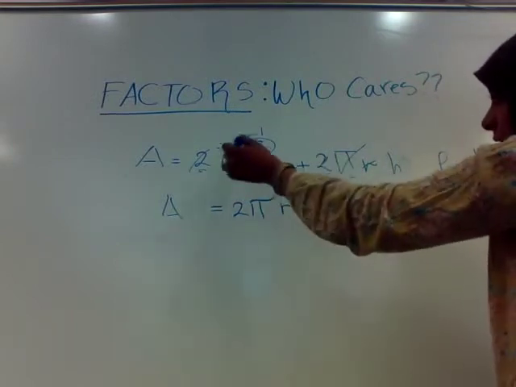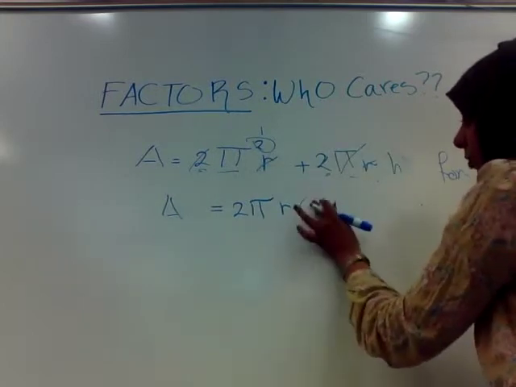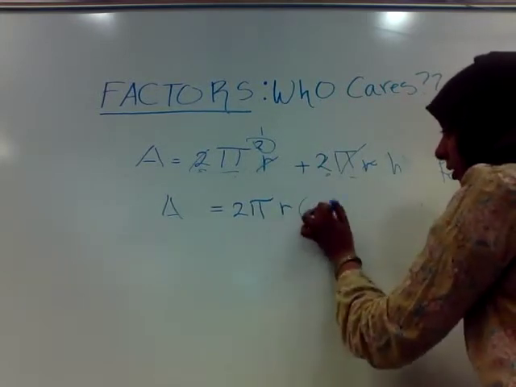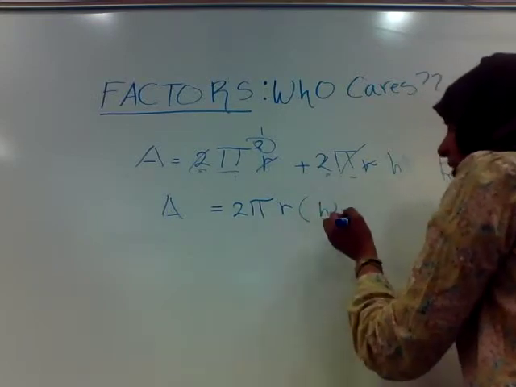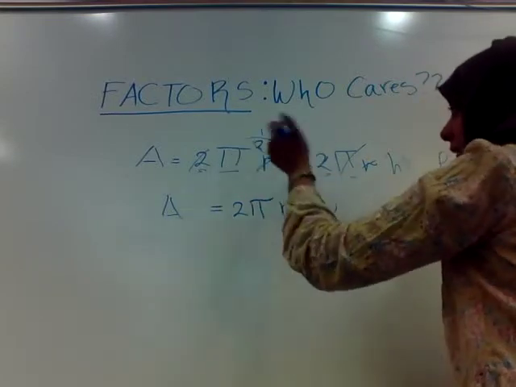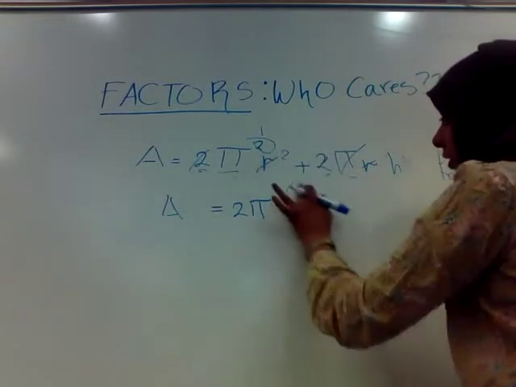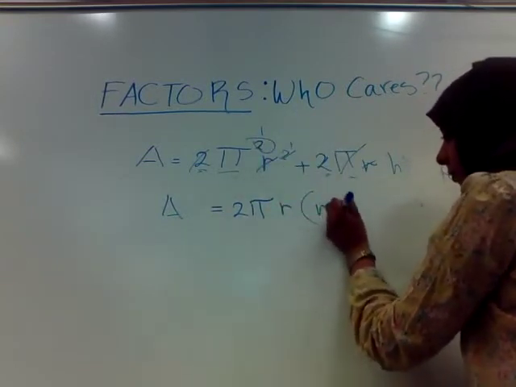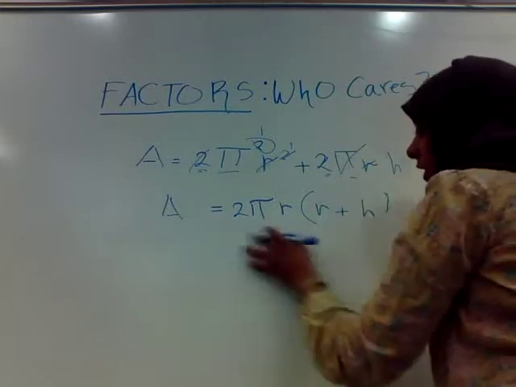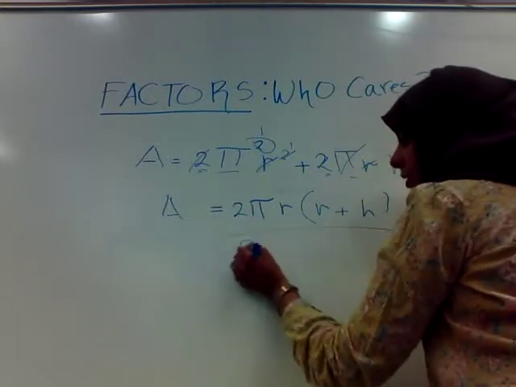We take the π, so we are just left with the h, and we just have 1, now we have 2πr times h. Now we're going to factor this.